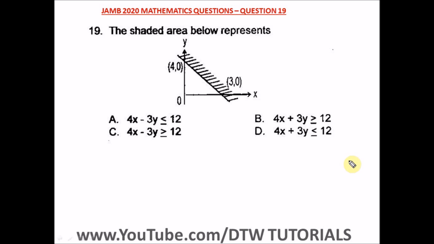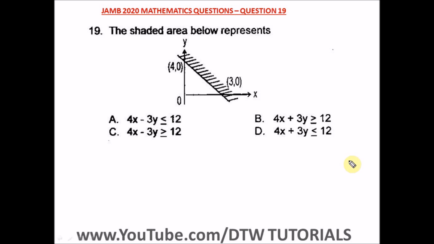We are told that the shaded area below represents what? They want us to find what it represents. So we have to find first of all the gradient, and after finding the gradient we have to go further to find the equation of the line.